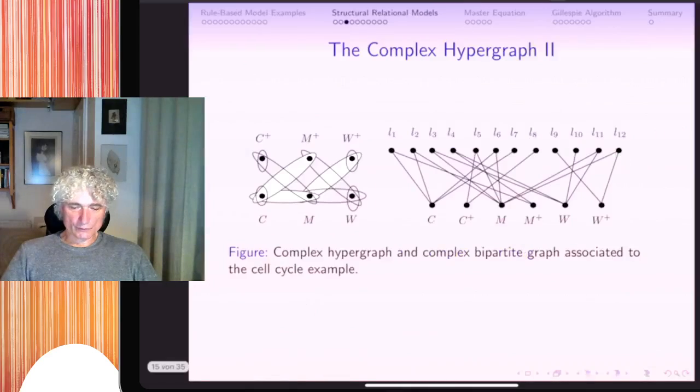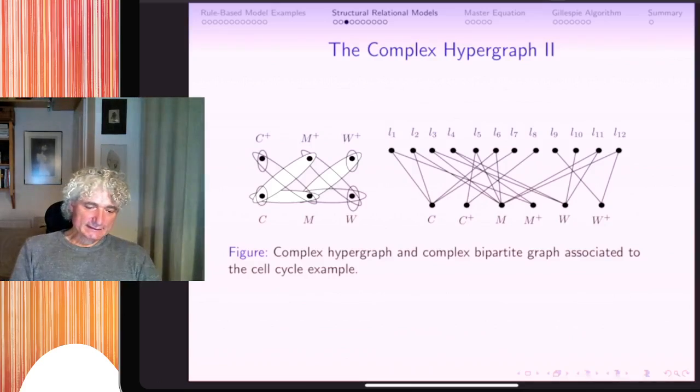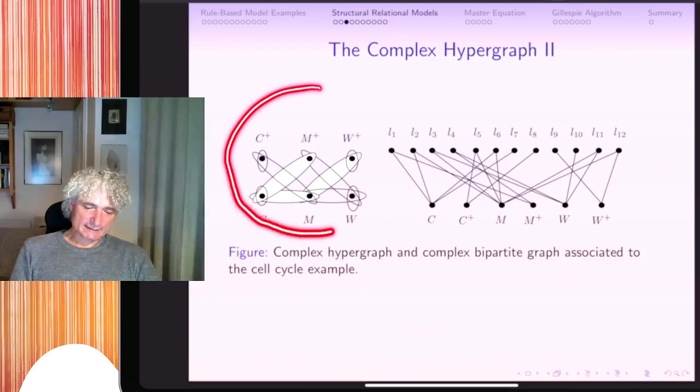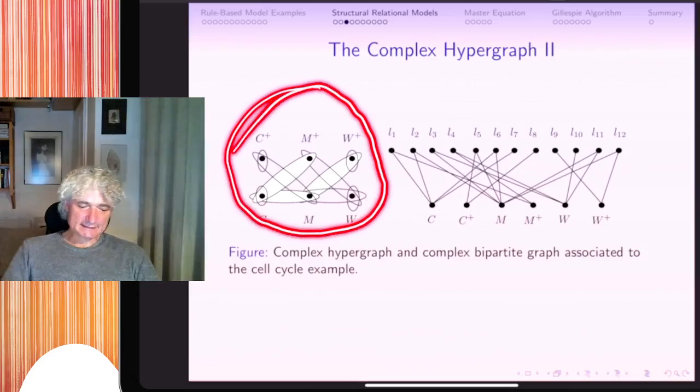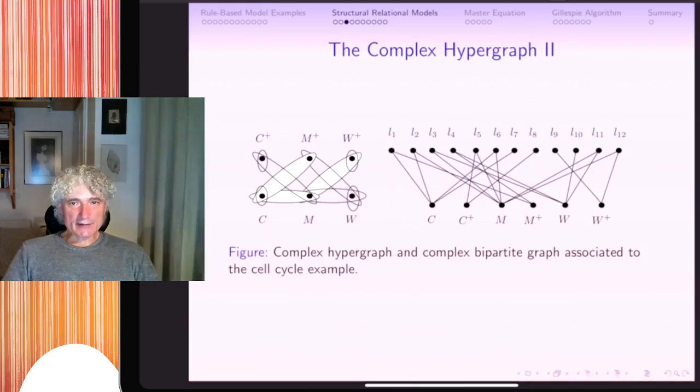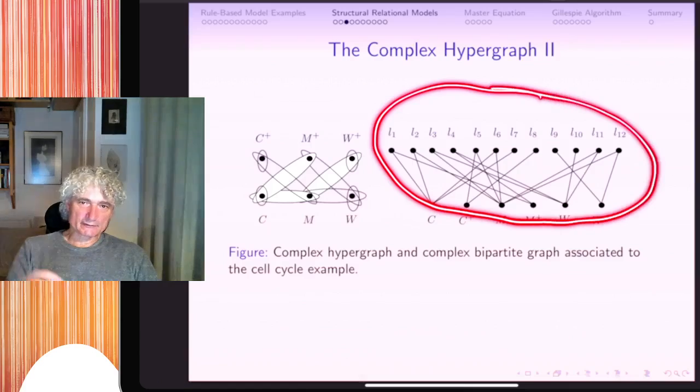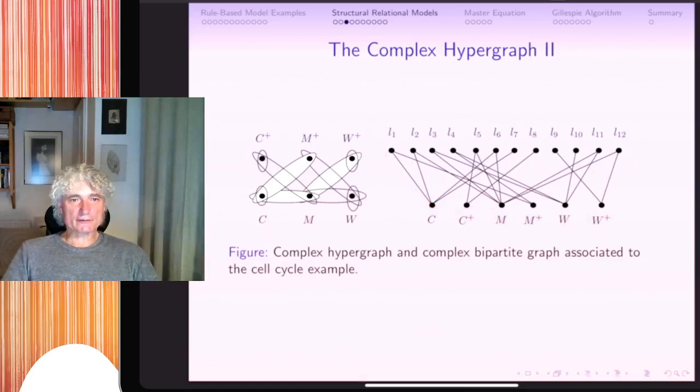So maybe I illustrate that with a cell cycle model. Here on the left hand side I have drawn the cell cycle model complexes as a hypergraph, and here I have the same illustration as a bipartite graph. By now we know, of course, that the two structural models are completely equivalent, and this you should check in this example.